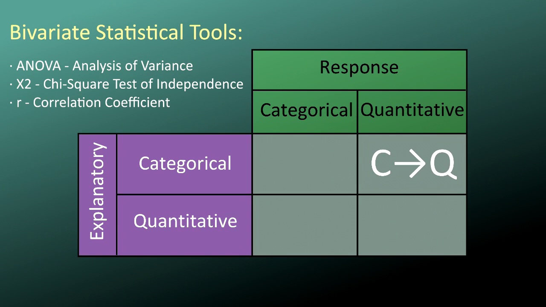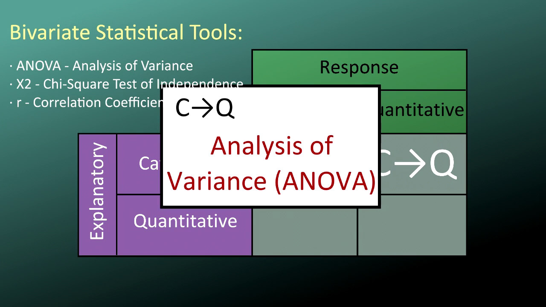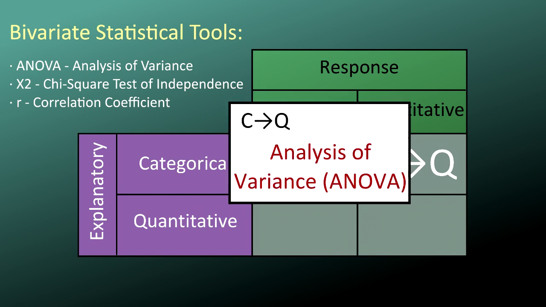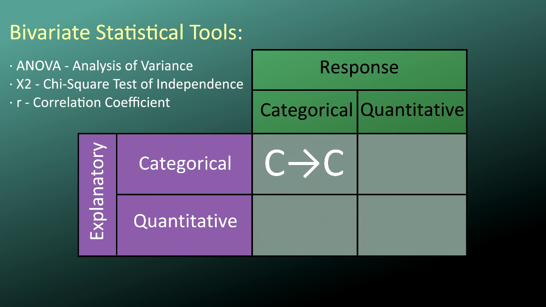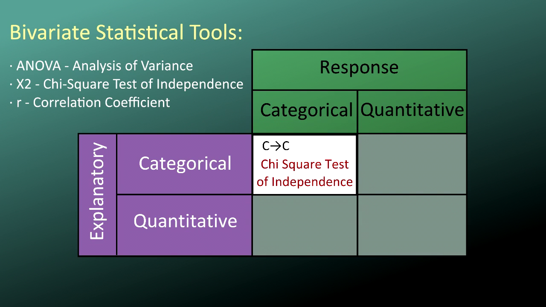If you have a categorical explanatory variable and a quantitative response variable, you would use an analysis of variance, ANOVA, as your inferential test. If you have a categorical explanatory variable and your response variable is also categorical, you would use the chi-square test of independence as your inferential test.